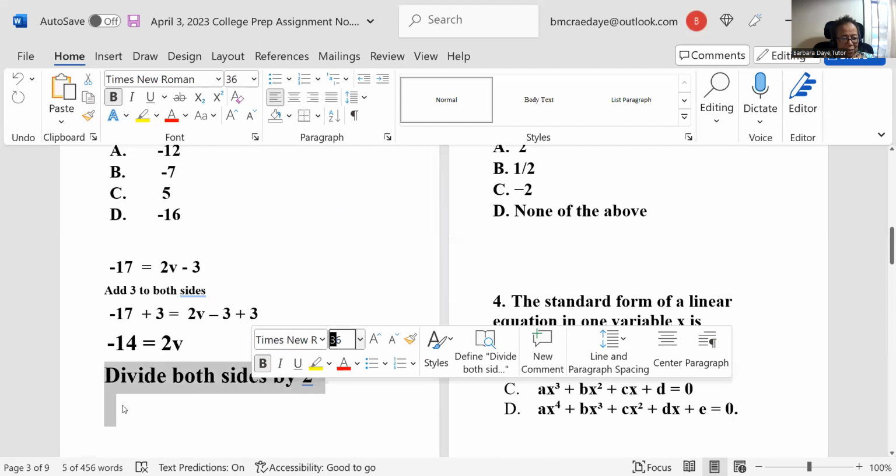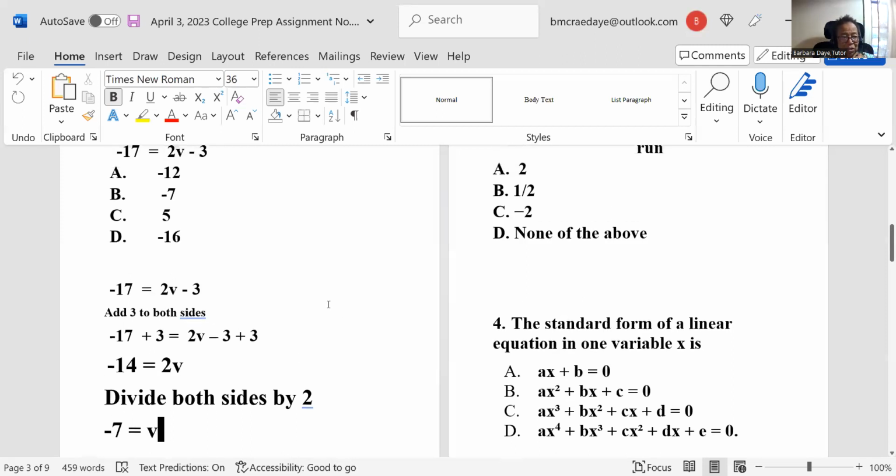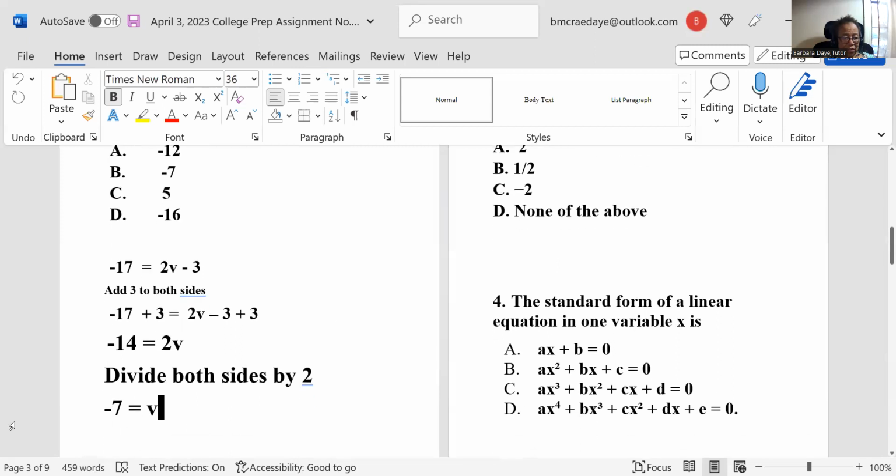Would it be a plus 7 or minus 7? A minus 7. That's right. So minus 7 equals v. And then you could reverse it. You could just say if minus 7 equals v, then v equals minus 7.